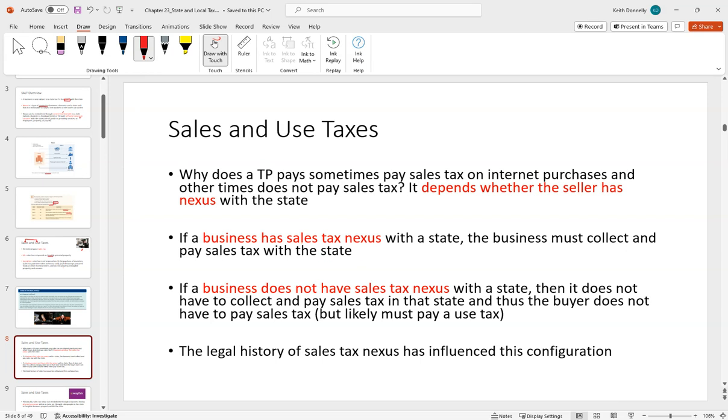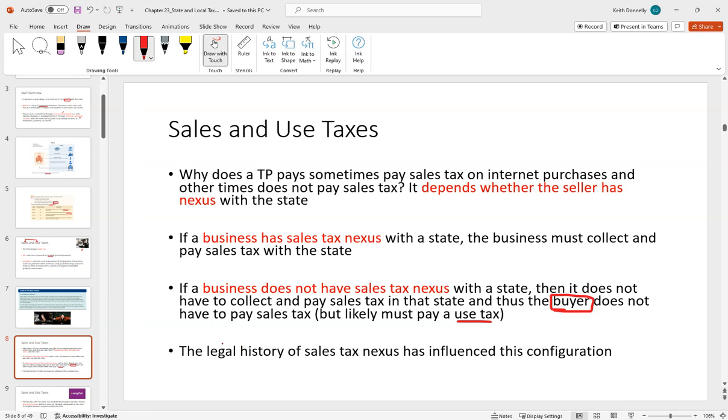If they do not have sales tax nexus with a state, then they don't have to collect and pay sales tax. And normally what happens here is the buyer is going to have to pay likely a use tax in that case. So we'll talk about sales tax versus use tax, but general rule, right?